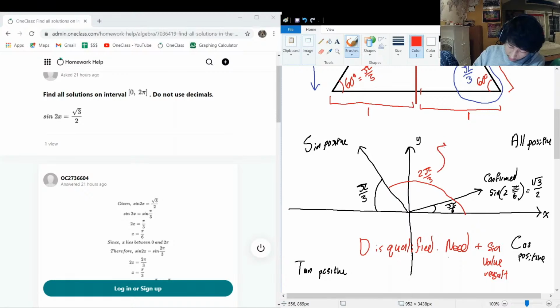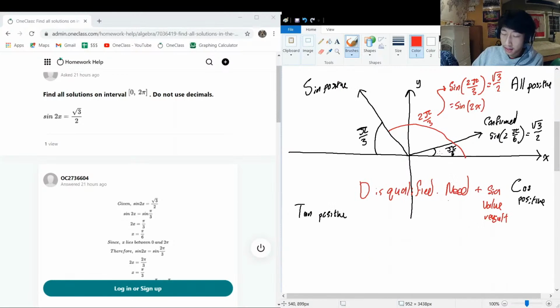So essentially what this means is that sine 2 pi over 3 is equal to root 3 over 2. Ask your calculator; it should definitely agree with that. And we know that this is equal to sine 2x.